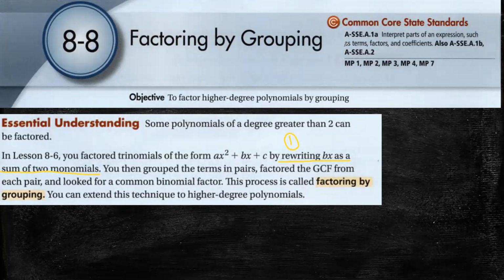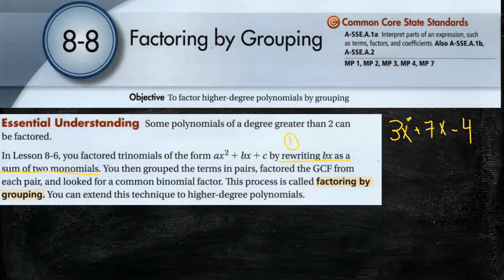That means if I have, as an example, 3x squared plus 7x minus 4, we look at 3 times 4, which is 12, and rewrite the middle term as a sum of two monomials.